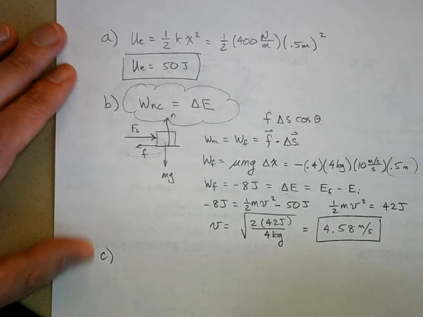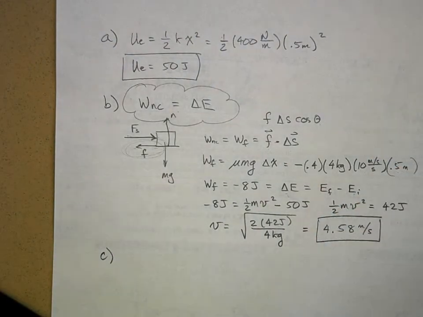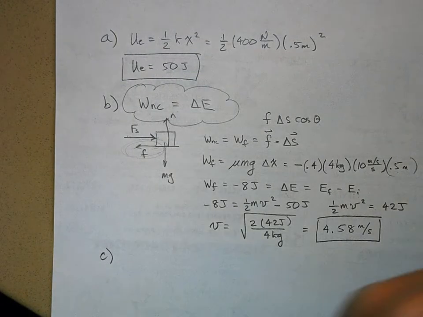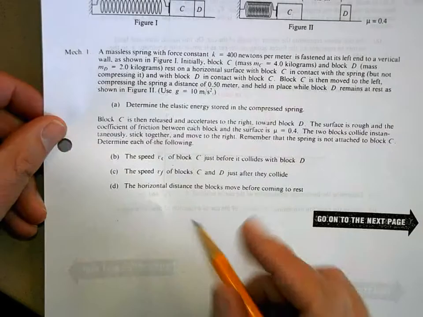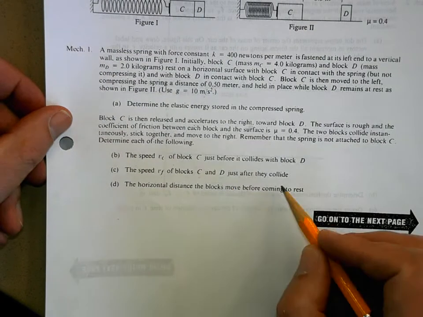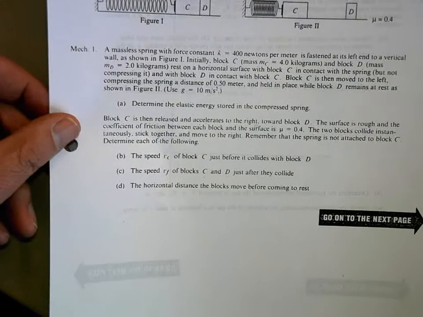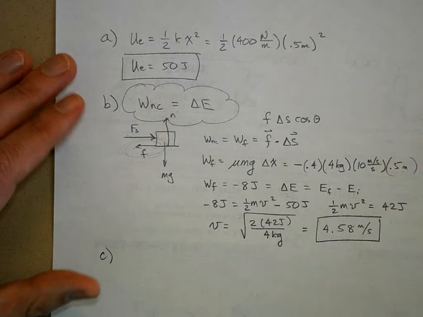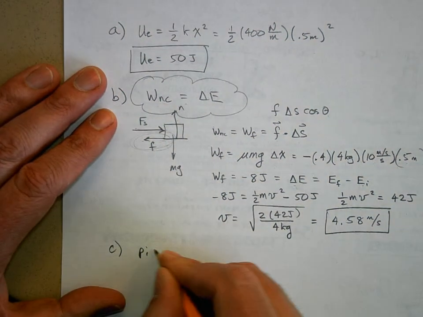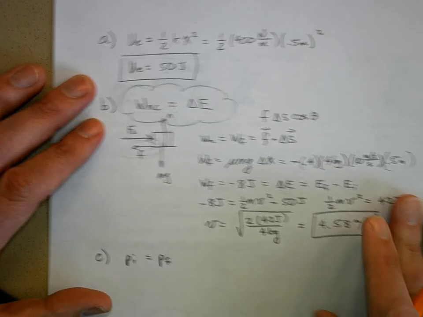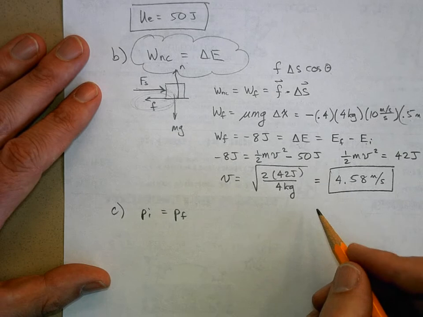Okay. Now part C is, well, what does it say? It wants the final speed of blocks C and D after the collision, and they stick together. So this is just a super simple collision problem. So I hope you recognize that you just write P initial equals P final. Well, where was all the momentum before?